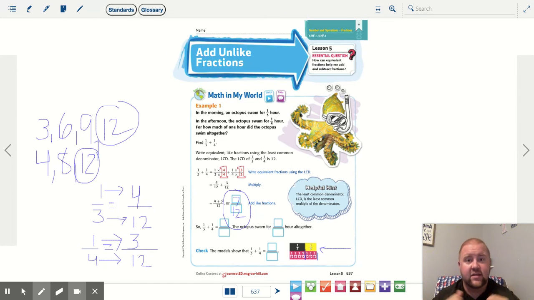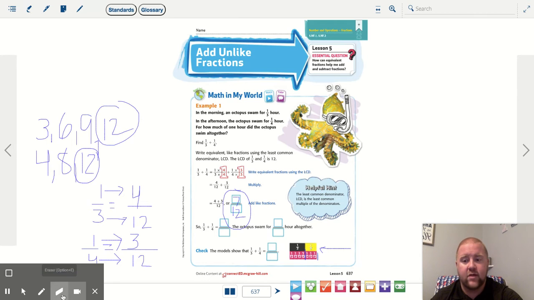If I had $6 and you asked me for 2 apples, I can't do it. Right, but if I had $6, you asked me for $2, I could give you $2. If I had 6 apples and you asked for 2 apples, I could give you 2 apples. So in these fraction examples, when we're adding and subtracting, you have to think of it that way. You have to make sure your denominator is the same before you do anything.